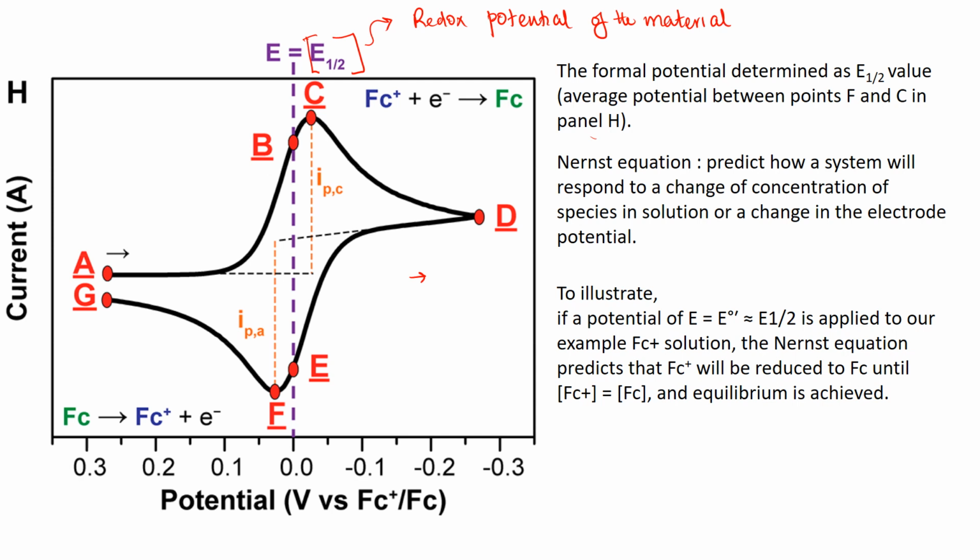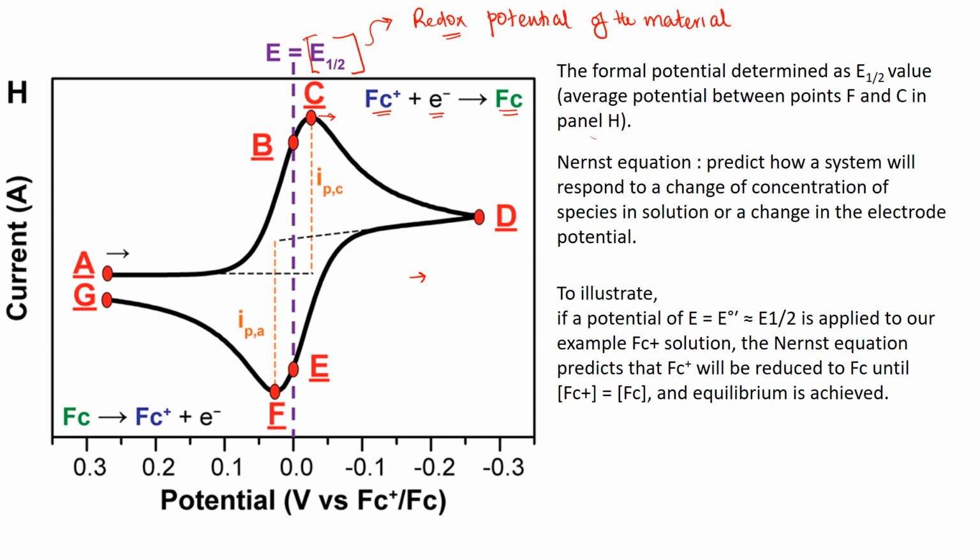Now let us see how we can find the redox potential from the curve. Here there are two peaks. One is occurring at the point C, where Fc plus is reduced to Fc by accepting an electron.